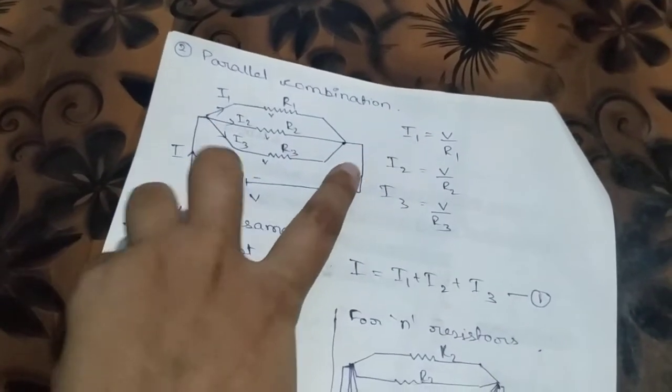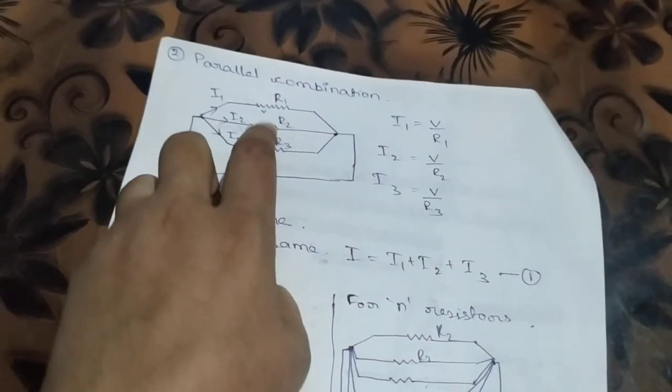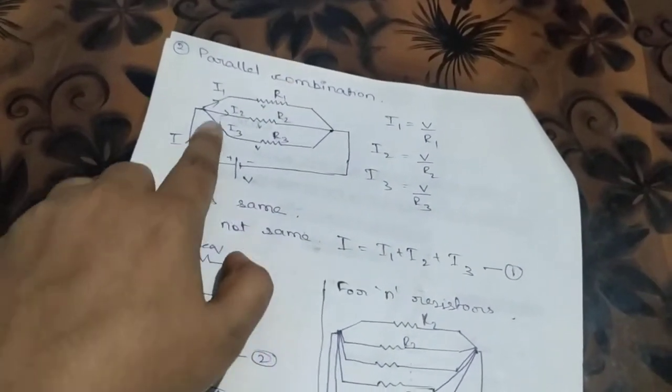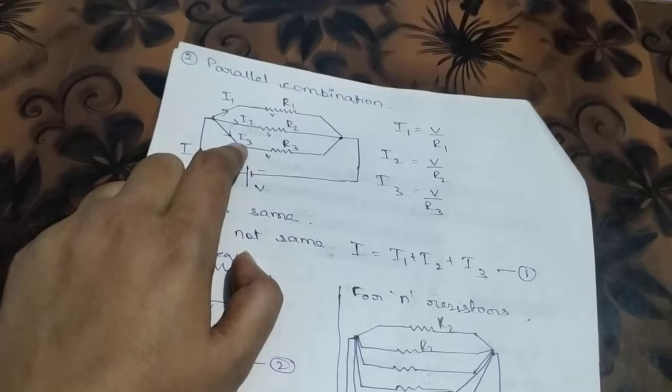Suppose V is at one end and the other end is 0, so V is common for all the three. Here we have to remember that V, the potential difference, is same, but if we see, there are 3 different paths for the current to flow.